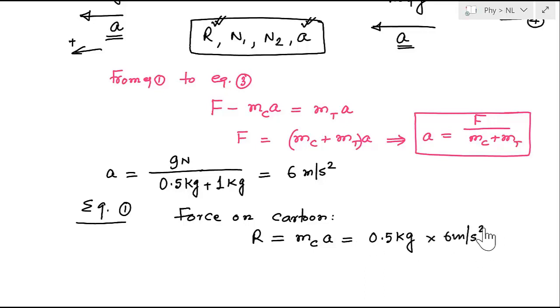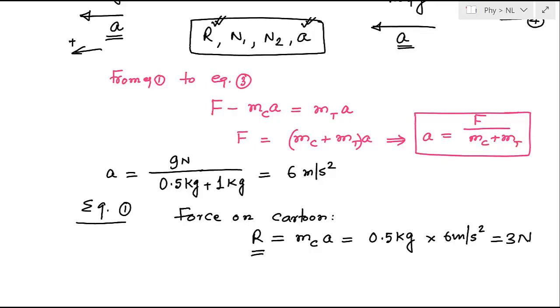So this comes to 3 Newton. So the force on the cartoon equals 3 Newton. We have basically solved for A and R, the reaction force applied by the tray on the milk cartoon. We calculated the two unknowns by considering the two objects separately.